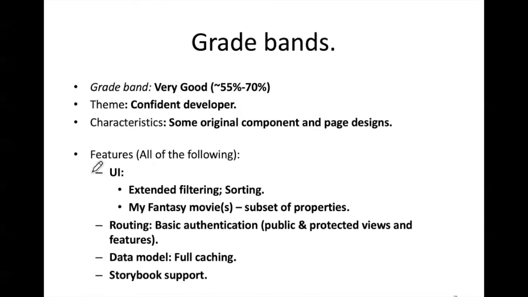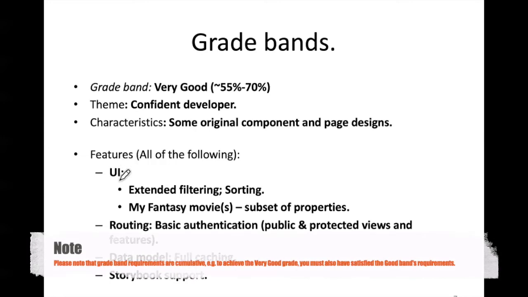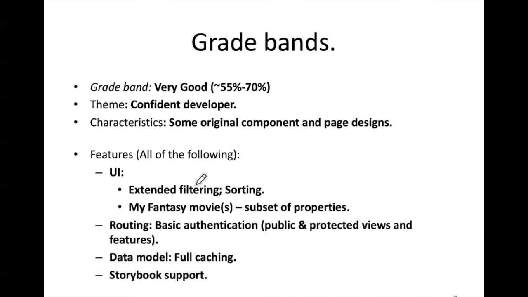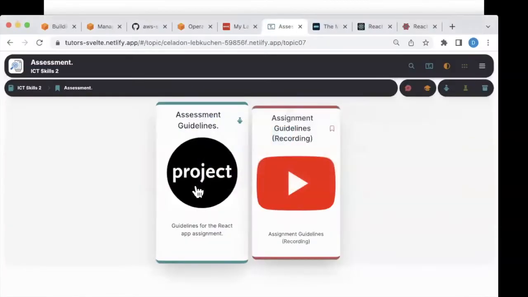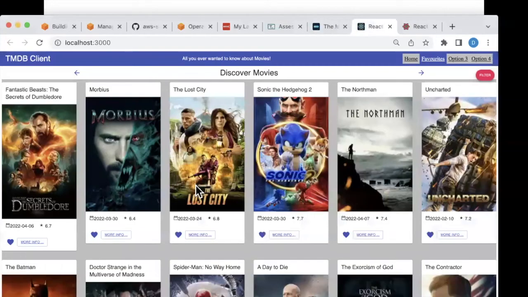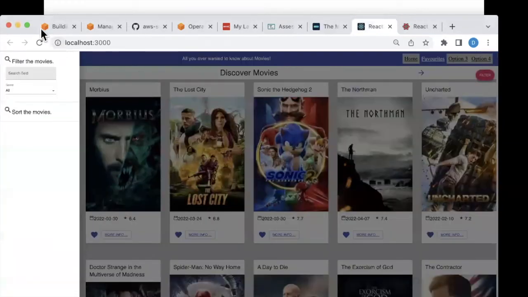To be more specific, what am I looking for in terms of the UI? I'm saying here, you should try and extend the filtering that's currently available. So if I flip over to the app itself, so we know when I click on this here, I get my filtering site sheet.